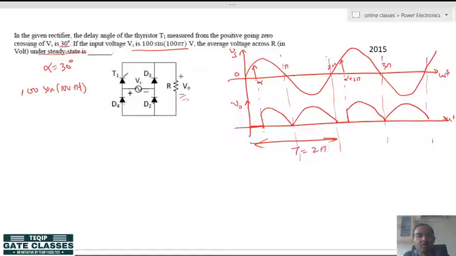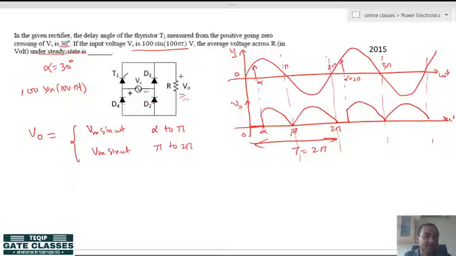Now you have to calculate the average output voltage over 0, alpha, pi, 2 pi. Here you can see that V naught is broken into 2 parts: first Vm sin omega t from alpha to pi, and then again Vm sin omega t from pi to 2 pi.